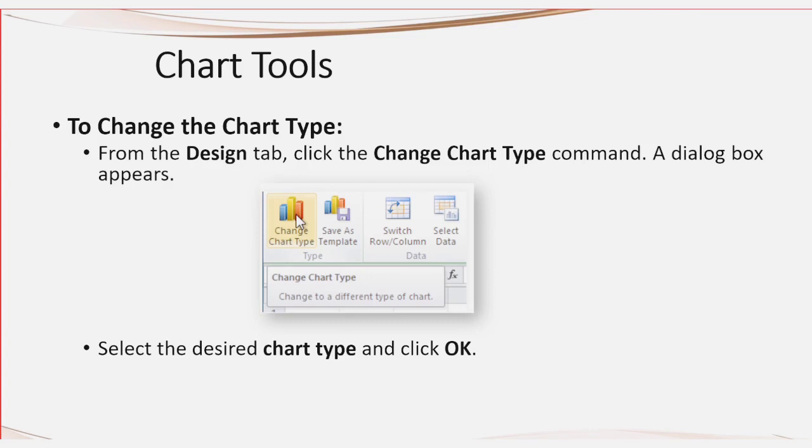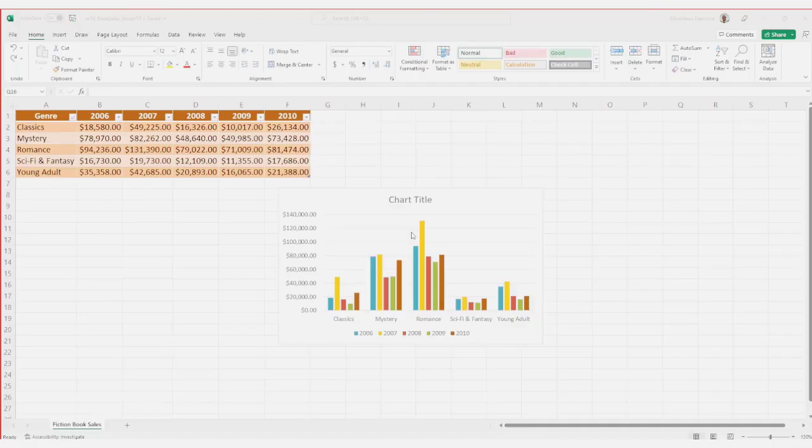Now, to change the chart type from the Design tab, click the Change Chart Type command. Select the desired chart type. Now, this one you are seeing here is the 2010 view. My current view is 365.